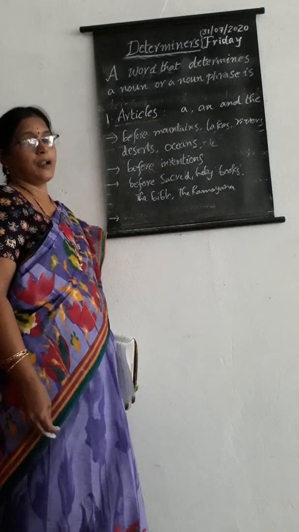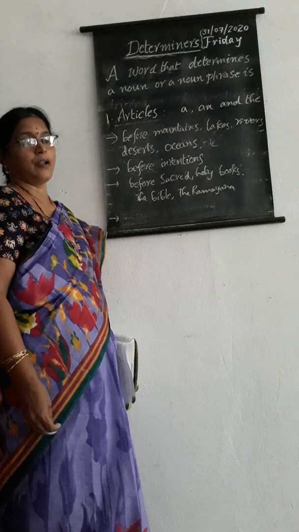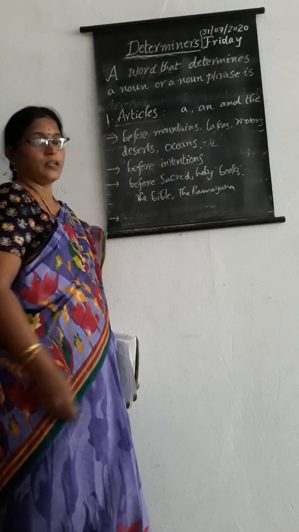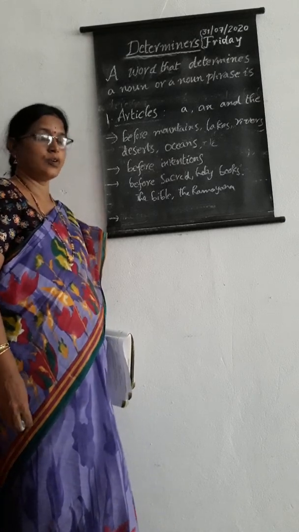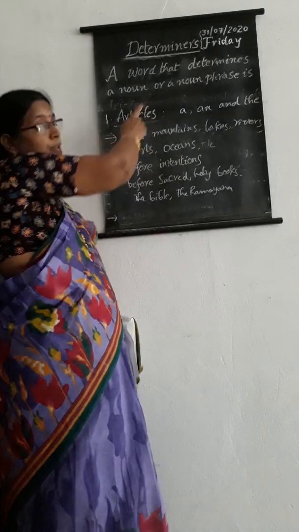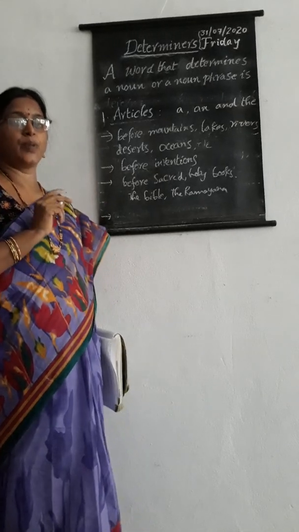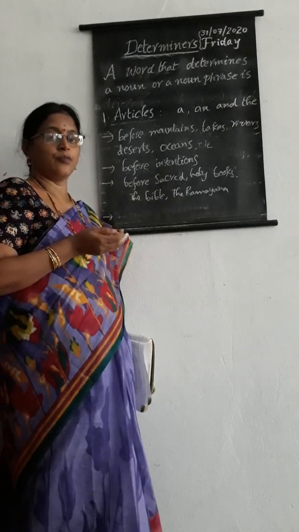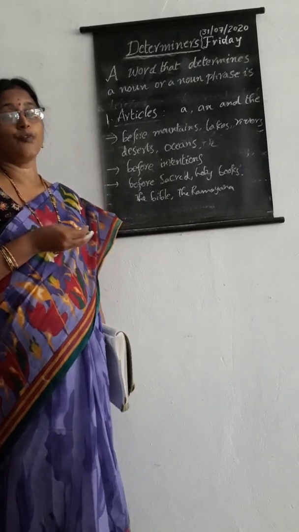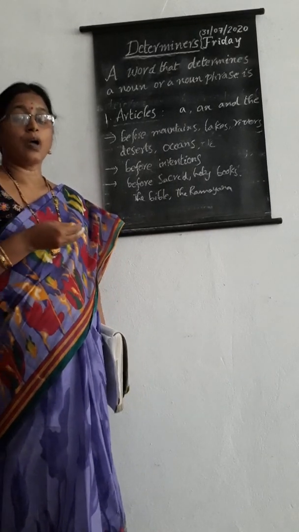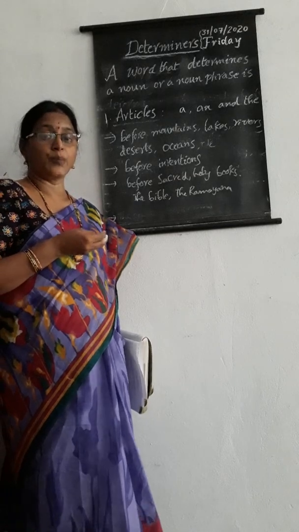These points, use of a, an and the, you read in your textbook. Everything is given in your textbook. Definition of determiner and how many kinds of determiners, what are they? Once again I am telling you, a word that determines a noun or a noun phrase is a determiner.